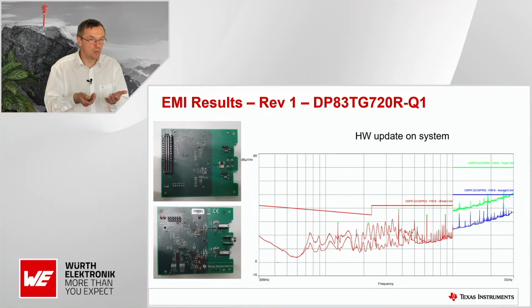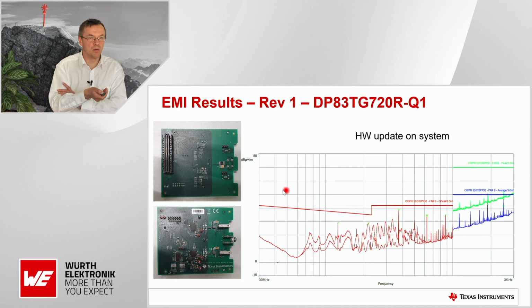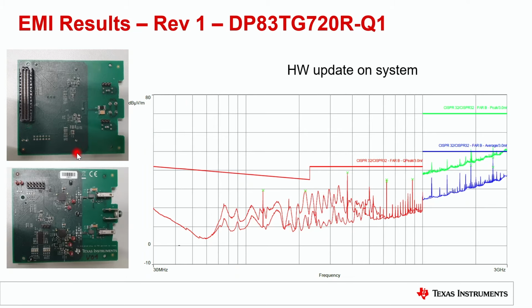Now, one thing I also wanted to show is the measurements on a system level when you look at the results here. So what we did with the testing was we did an update on the board, and with the board we did the measurement. I see that for whatever reason there are these pictures here.